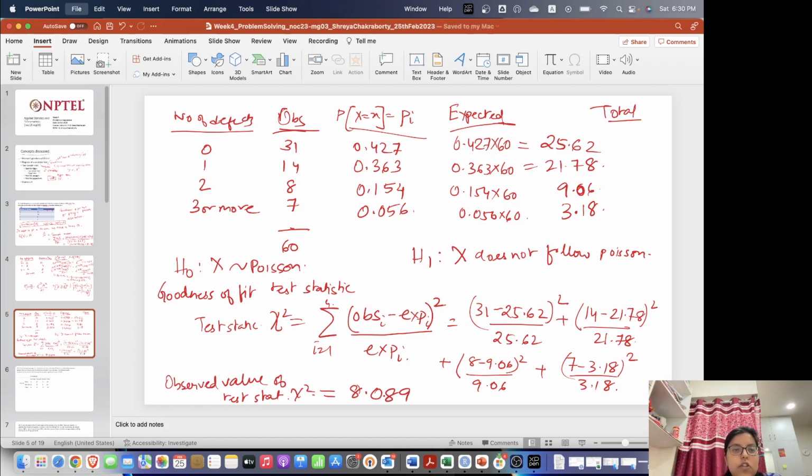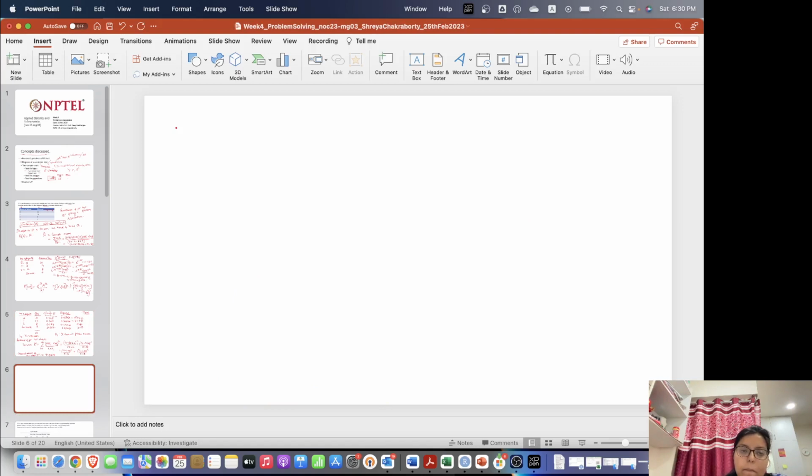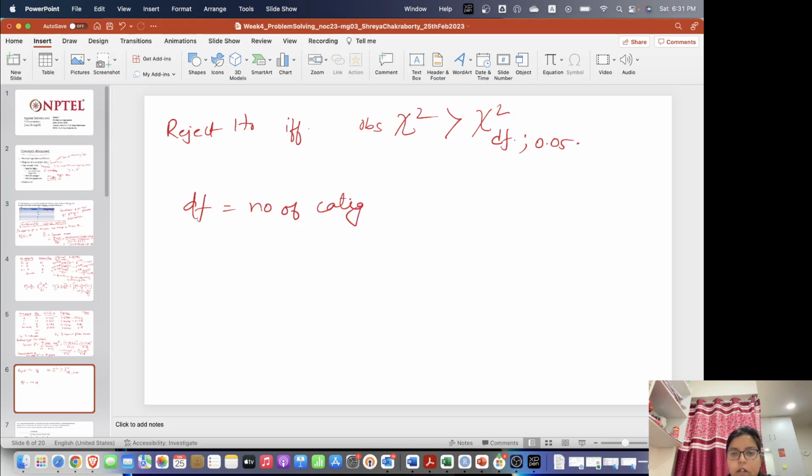So the decision rule will be, we'll reject H0 if and only if observed chi-square is greater than chi-square with some degrees of freedom at 0.05. So what will be the degree of freedom? It will be number of categories minus 1 minus number of parameters estimated.